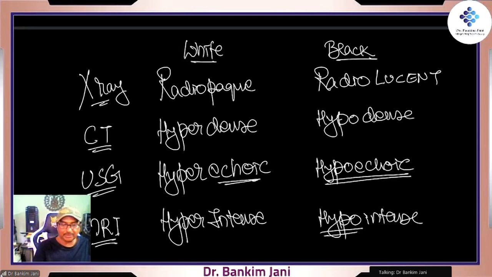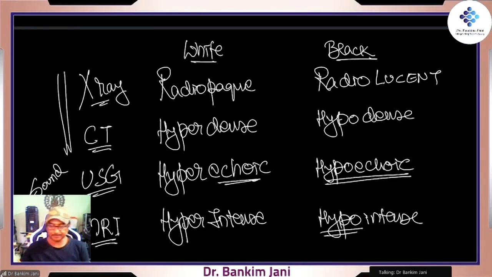On ultrasound, anything white is called hyperechoic, and black is hypoechoic. In MRI, white is called hyperintense and black is called hypointense. In X-ray and CT, radiation is used. In ultrasound, sound waves are used, and in MRI, magnetism is used.